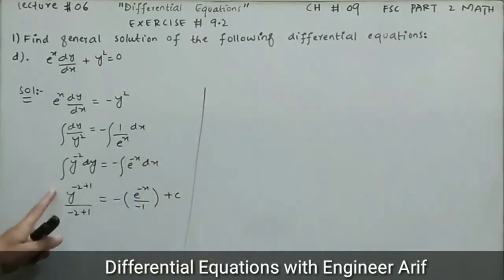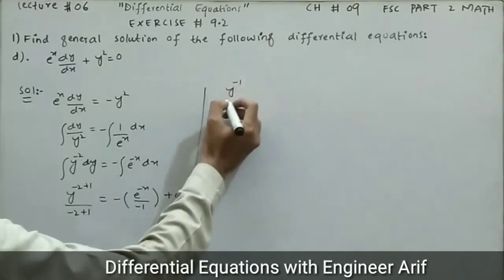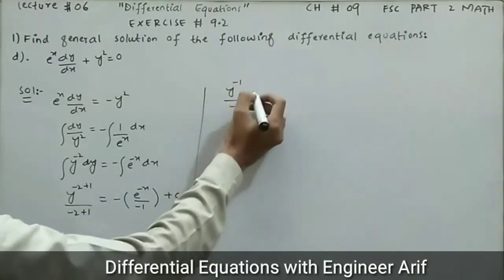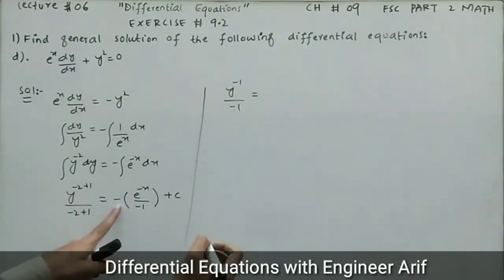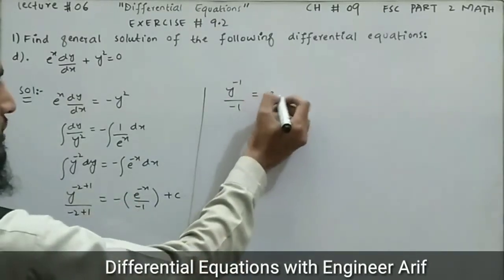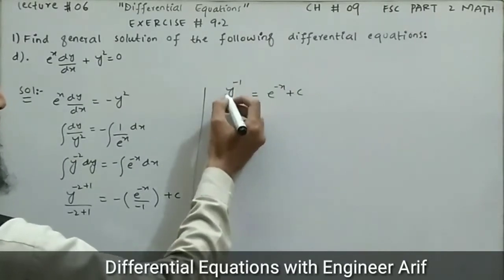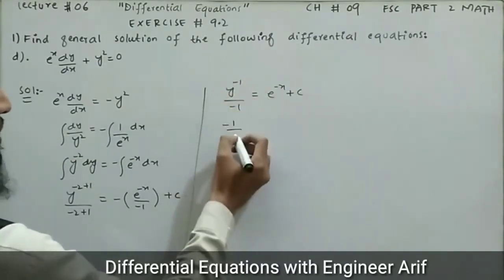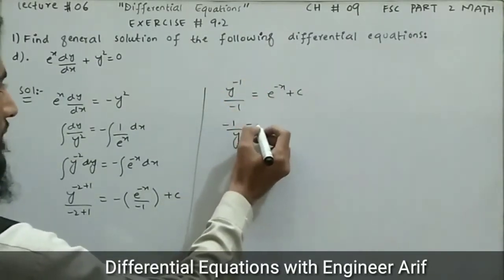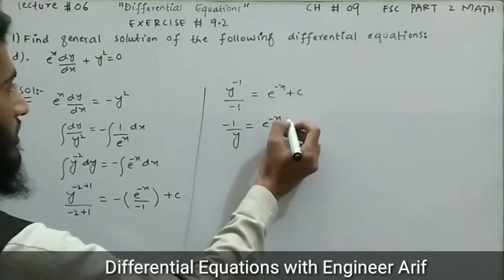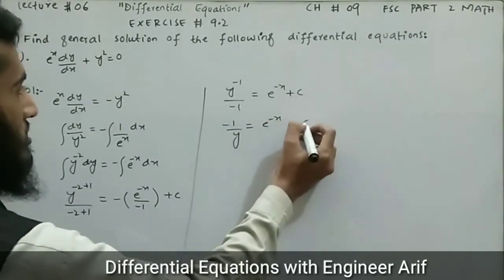By further simplification it becomes y power negative 1 divided by minus 2 plus 1, which is minus 1, is equal to minus into minus will give us plus, so it becomes e power negative x plus c. After this the minus 1 will move to the numerator and y power negative 1 will move to the denominator, becoming a positive power, and e power negative x plus c.